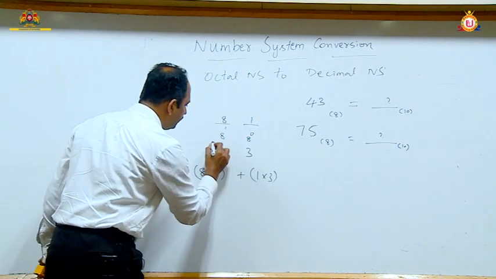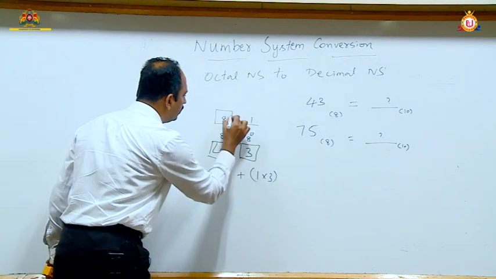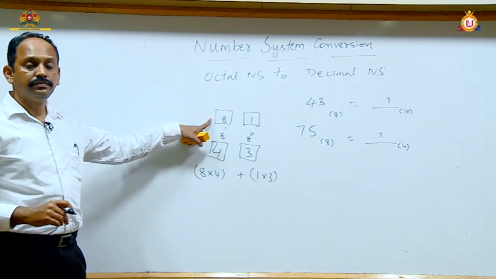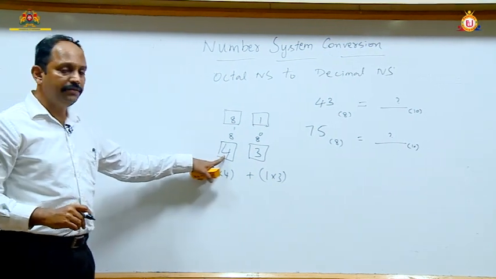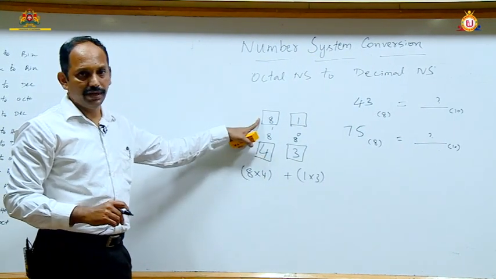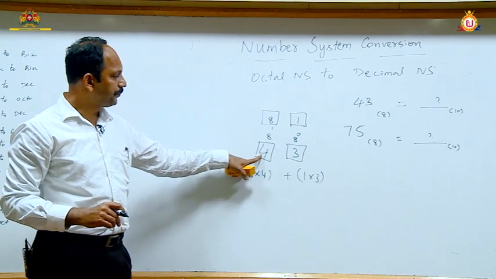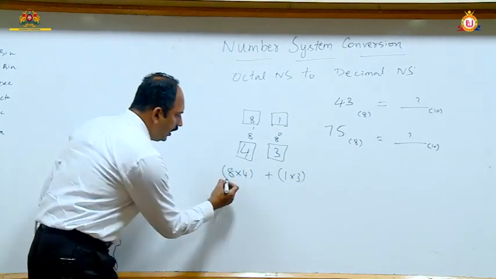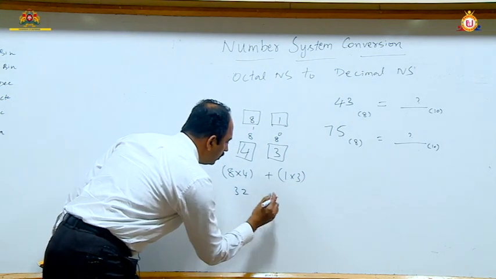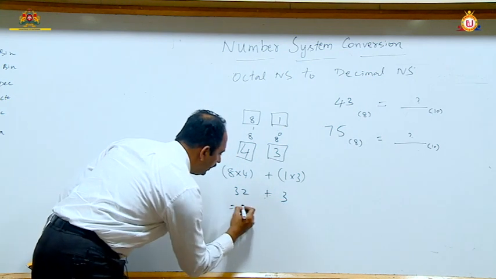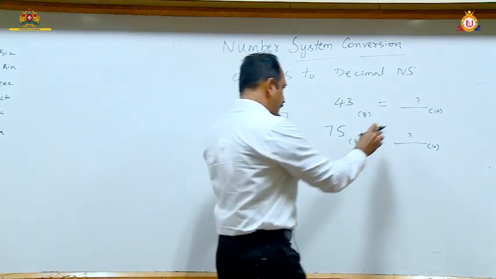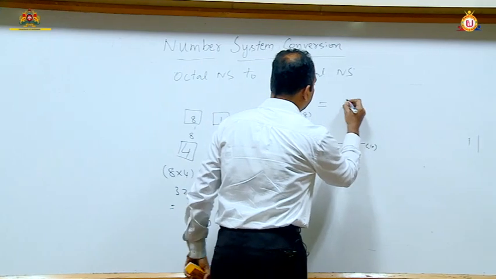The positional value is multiplied with the face value of the digit. 8 times 4 is 32 plus 1 times 3 is 3. The final answer is 35. So it is the decimal number for this 43.